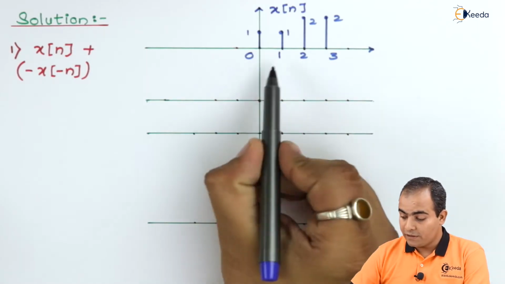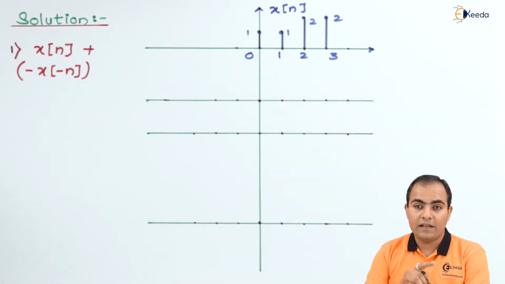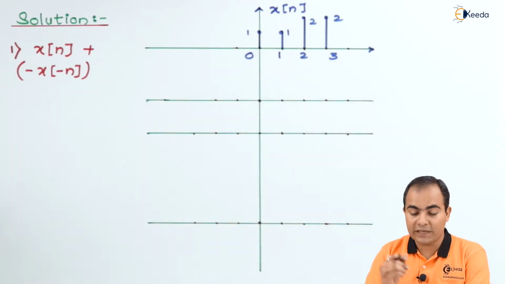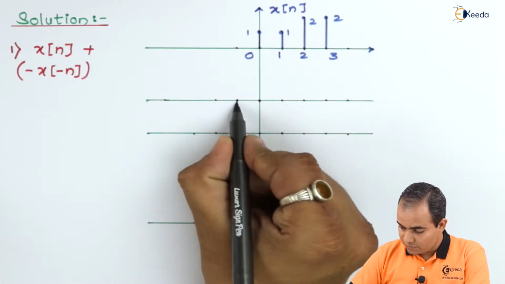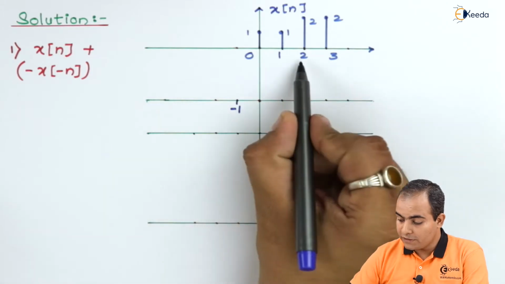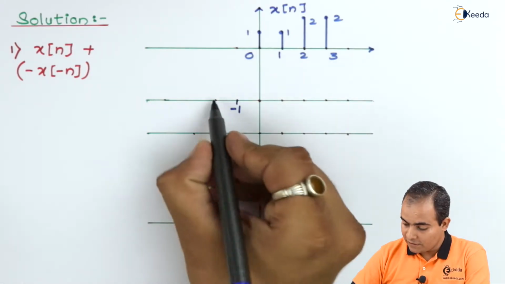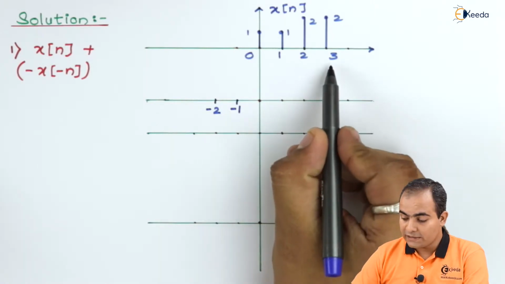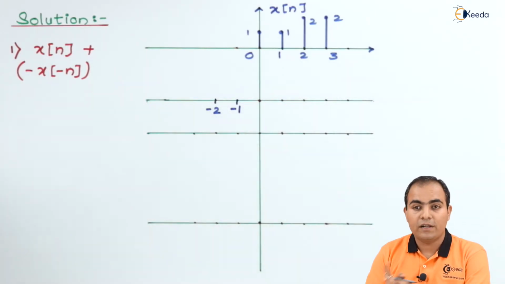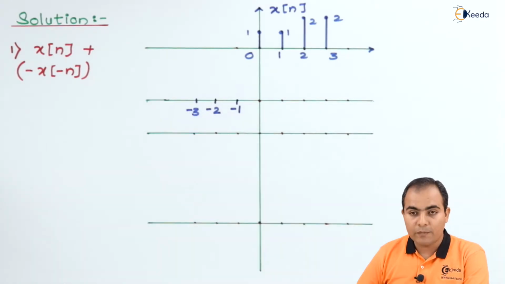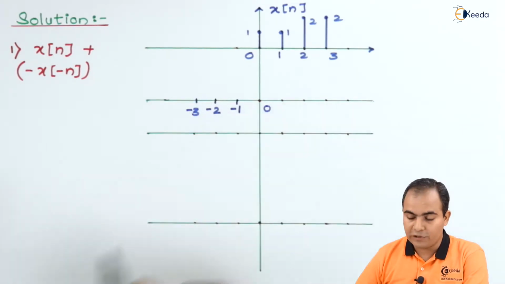Now what you will get? This 1 is shifted to the left hand side, which means 1 is multiplied with minus 1, so the answer is minus 1. So this is the position of minus 1. This 2 is also shifted to the left hand side and the position is minus 2, and the last one is 3, that will also be shifted to the left hand side and the position is minus 3, and this is the origin.